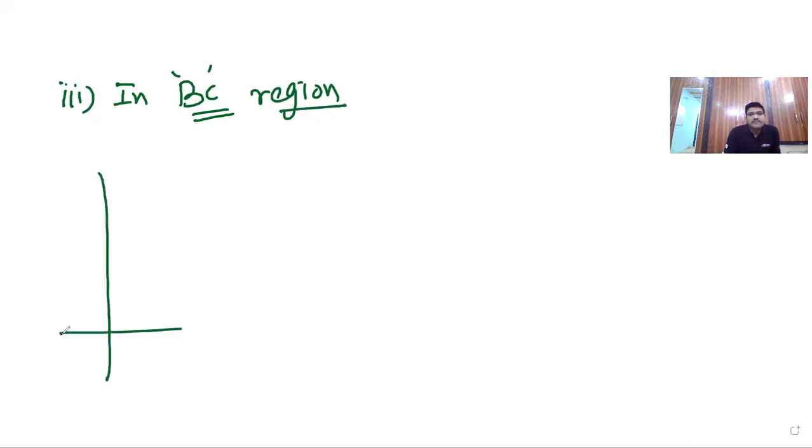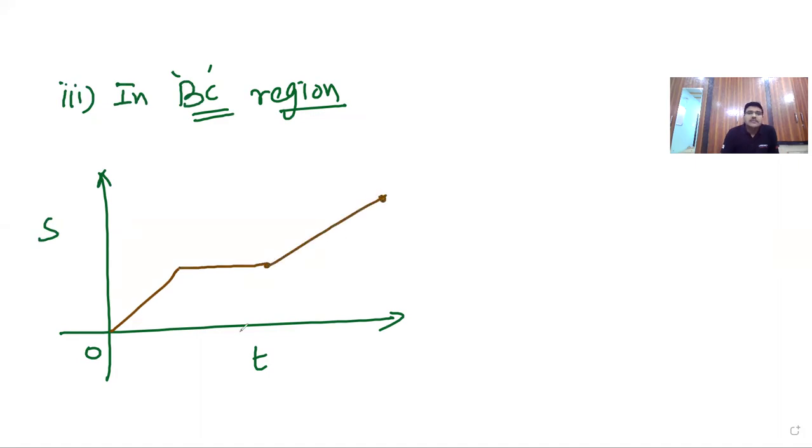Okay. Let us see the third one, the BC region. In the BC region, I require the velocity. So I take the graph. This is the graph. Origin, the y-axis is displacement, on the x-axis is time. This is OA, this is AB, and this is BC.